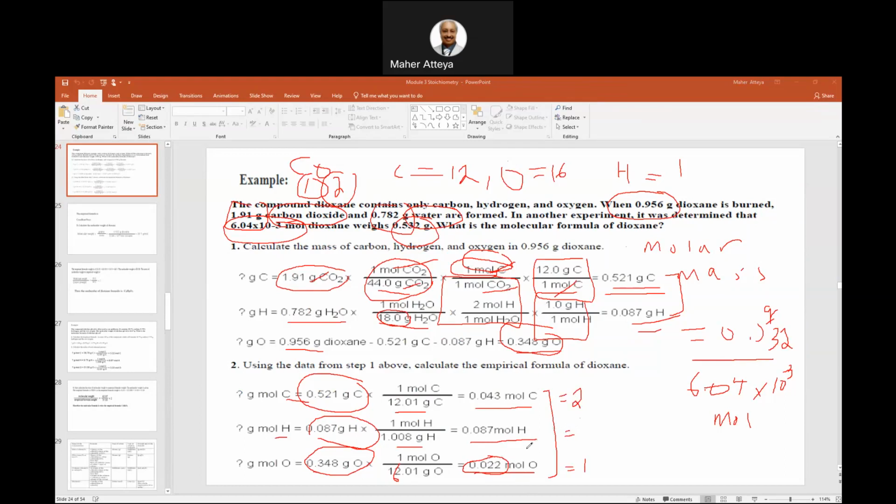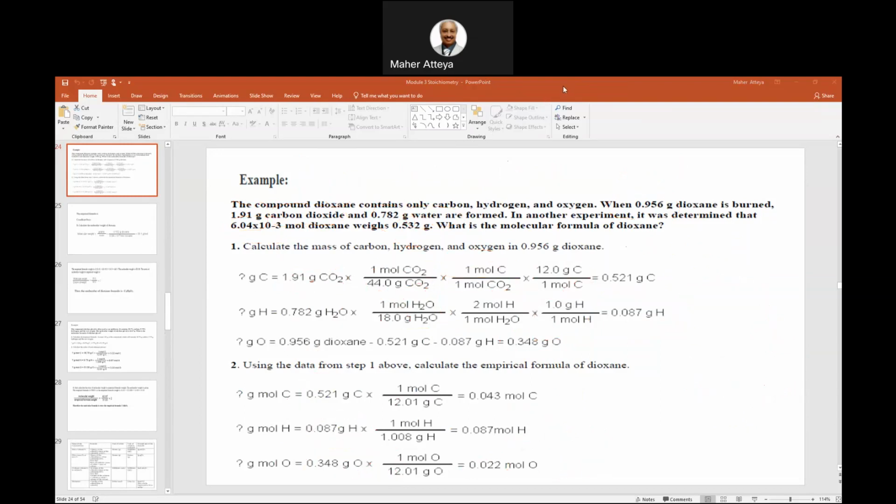And how much is this? Somebody tell me how much this is. Like 4, correct? 88 point, yeah, this is 4. So it looks like this: carbon is 2, hydrogen is 4, and oxygen is 1. So we go further with this. We take this one out.